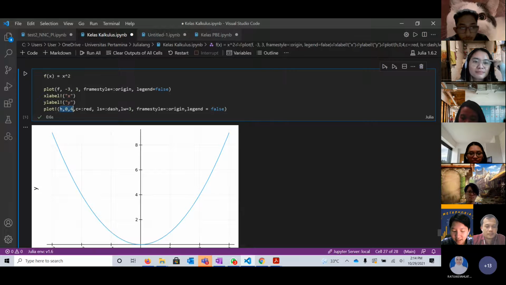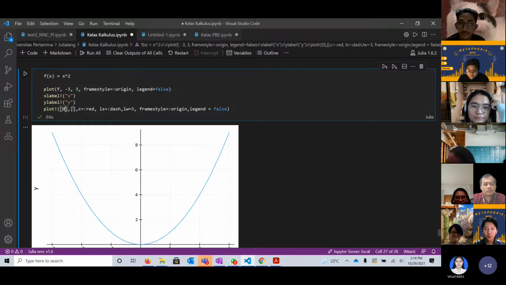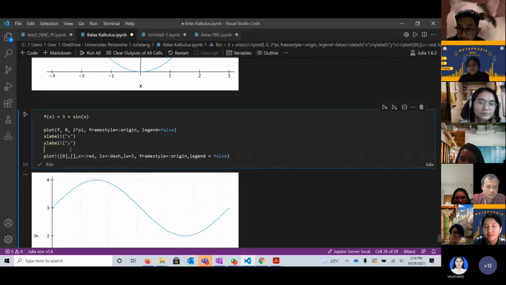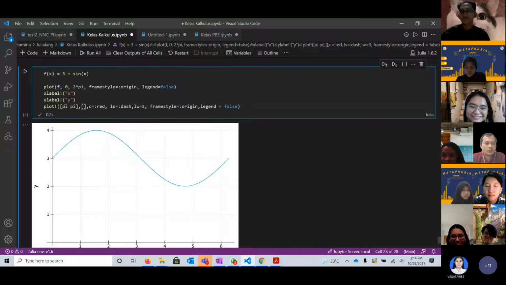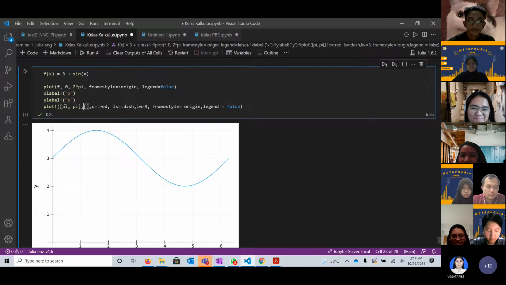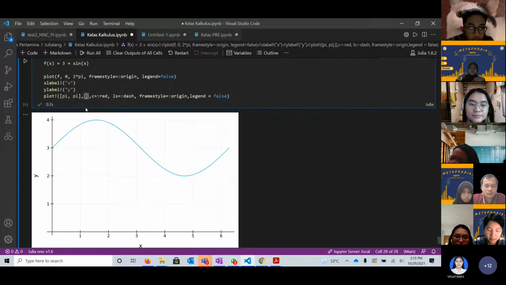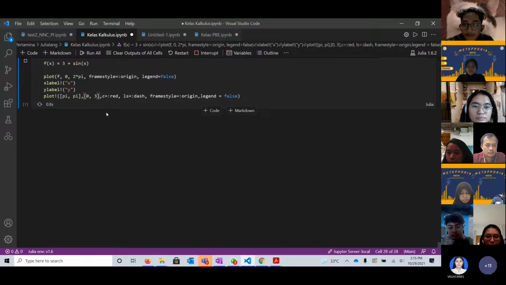Now the plot is from pi to... and here is pi comma 3.